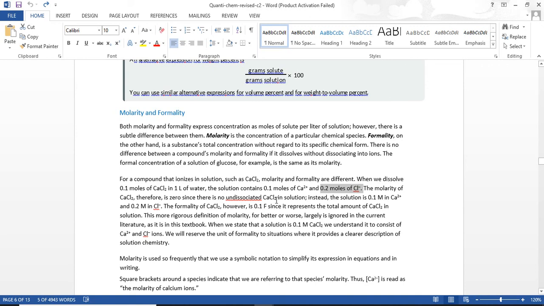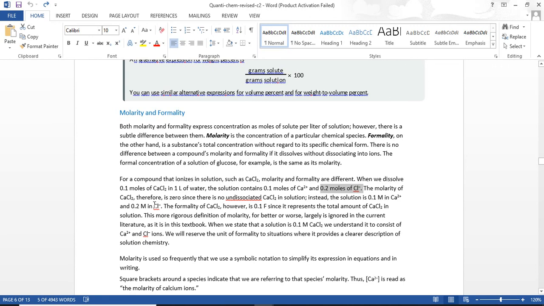Instead, the solution will be 0.1 molarity in Ca and 0.2 molarity in chlorine.